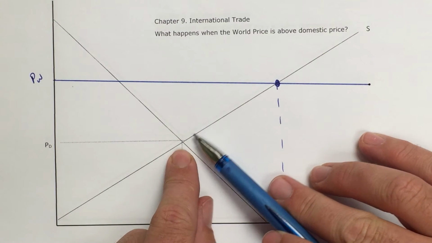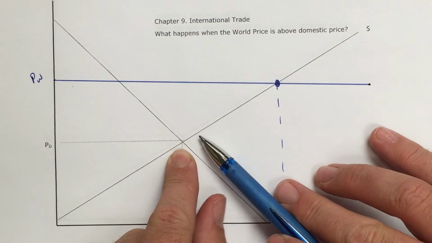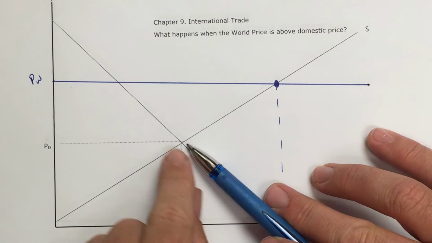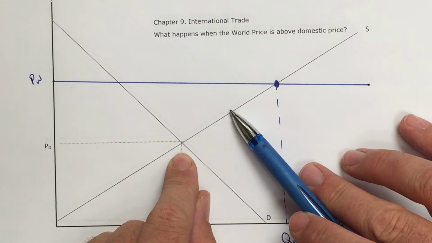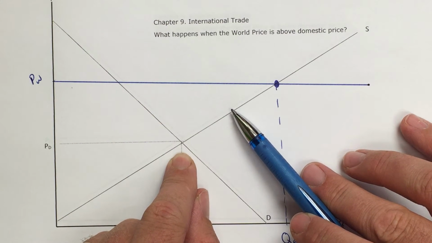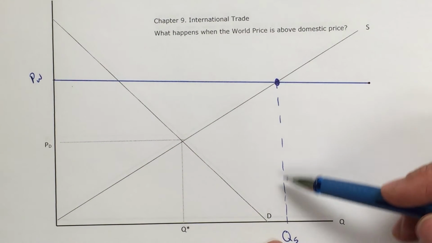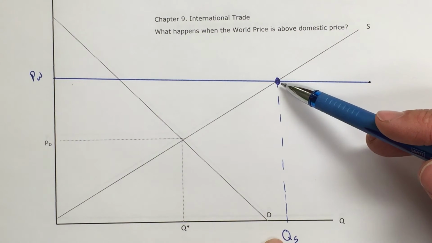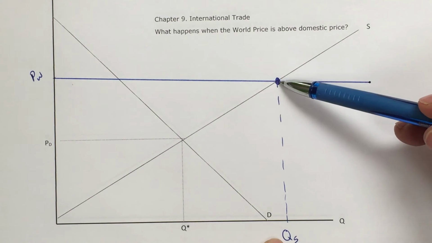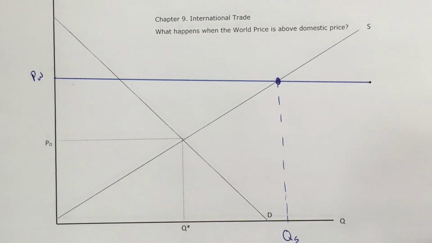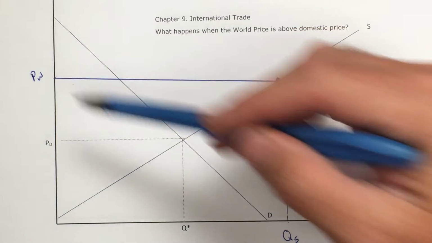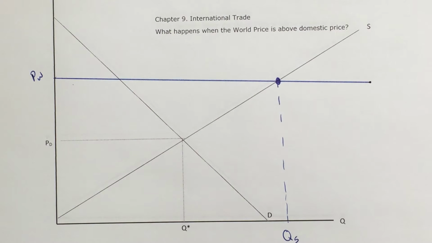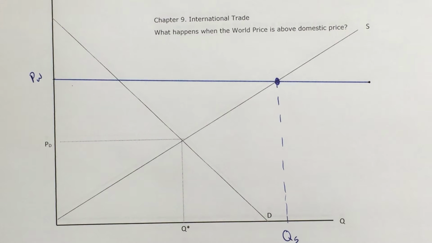Because now these producers along this part of the supply curve would not produce domestically because the price was too low and their costs were above the price. But now as they can enter the market, we actually see a huge increase in the quantity being supplied, or produced. If that's how much they're producing internationally, they have no incentive to sell domestically at any price below the world price because they could just go sell it to a different country at that price.